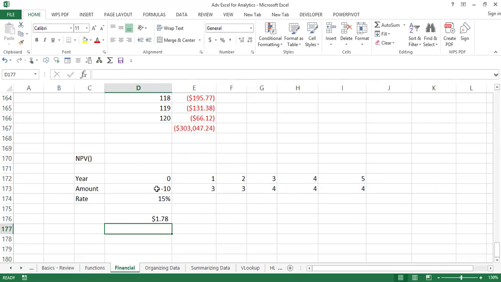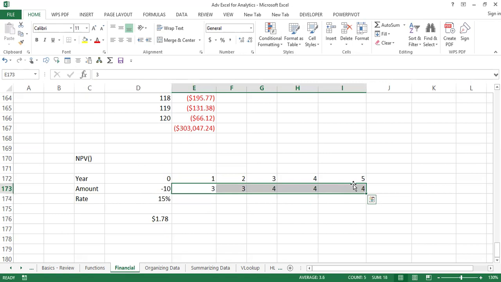I don't know if this makes sense to you. This is the 1.78 million, the actual interest. Not to say the actual interest is 8 million, right? The present value is 1.8.